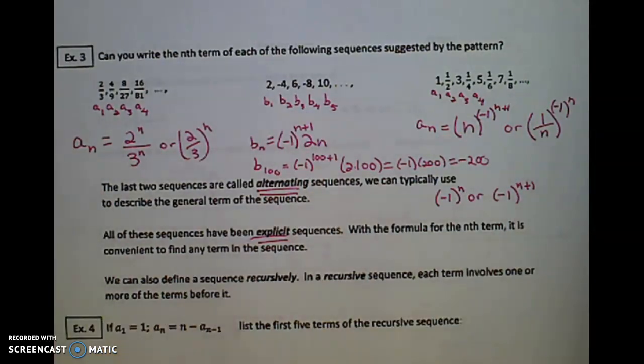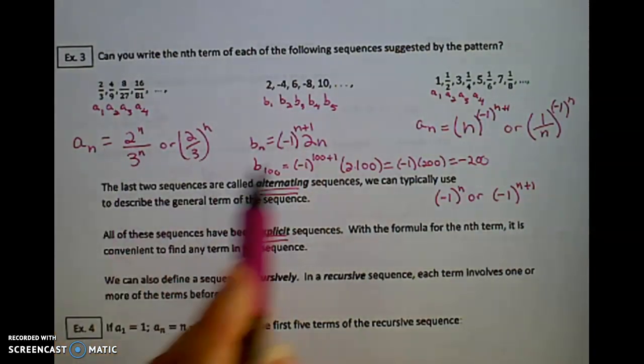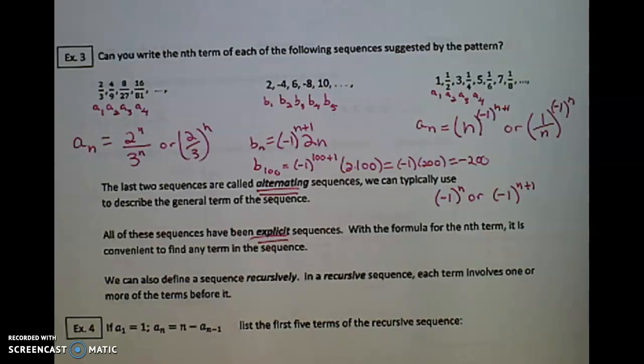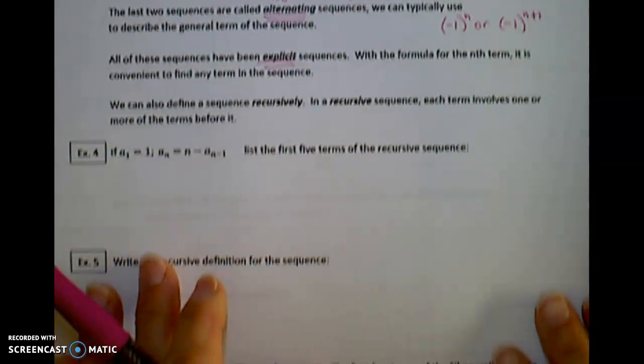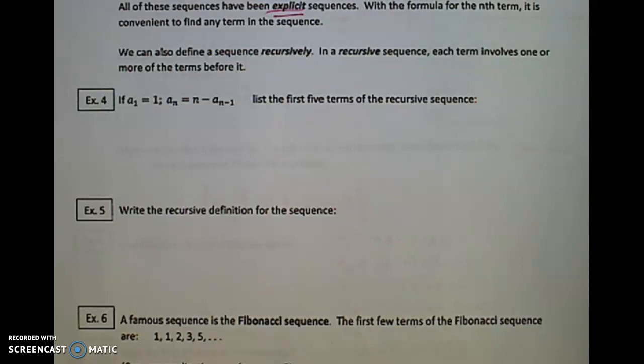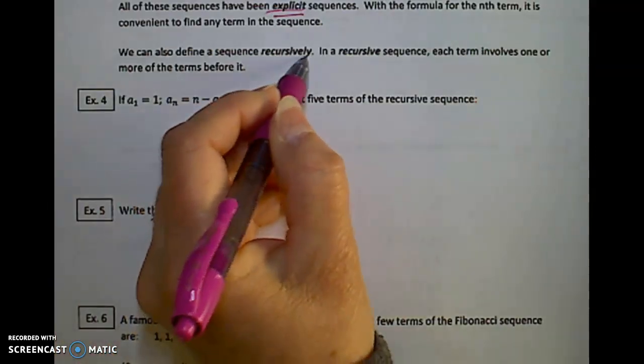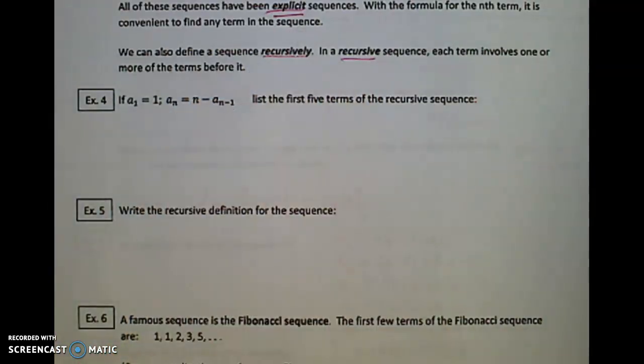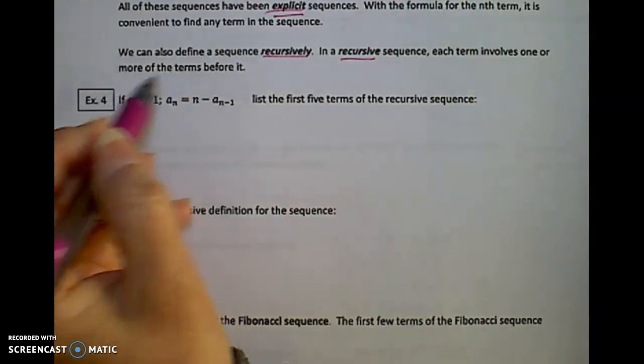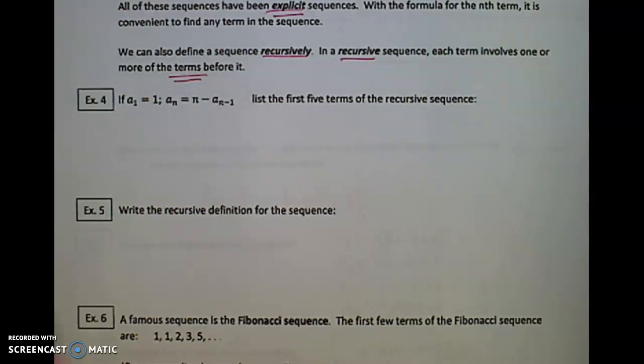Again, all of these are explicit patterns, when you can find an explicit formula to describe the nth term. Do you remember the term recursive? Recursive formulas, back in Honors Math 1. A recursive sequence is always defined in terms of the previous term.